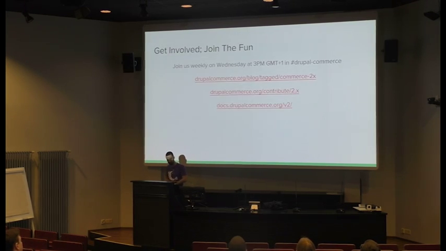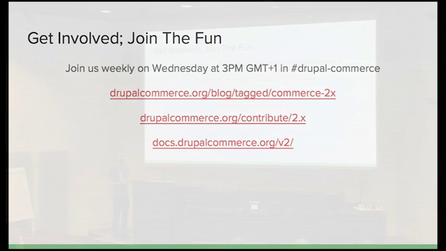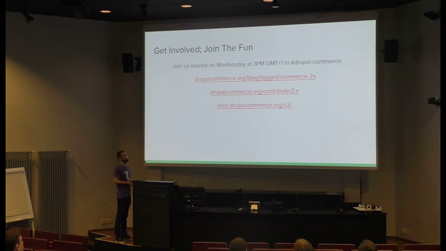We do IRC meetings every Wednesday at 3 p.m. GMT +1, so that's 1 hour difference from this time zone. You can also look at the drupalcommerce.org website, where we have many blog posts about the work we've done and the work we're doing. And we have a completely new Git book at docs.drupalcommerce.org, where you're basically writing a book on Commerce 2.x and making it freely available to improve the documentation.